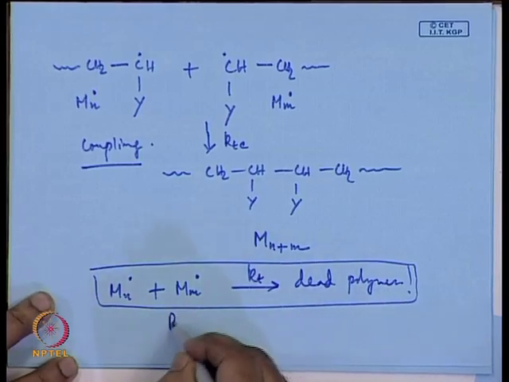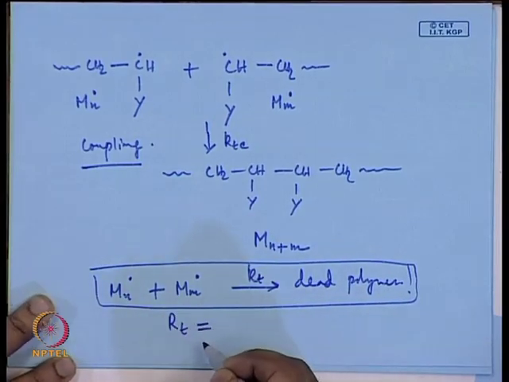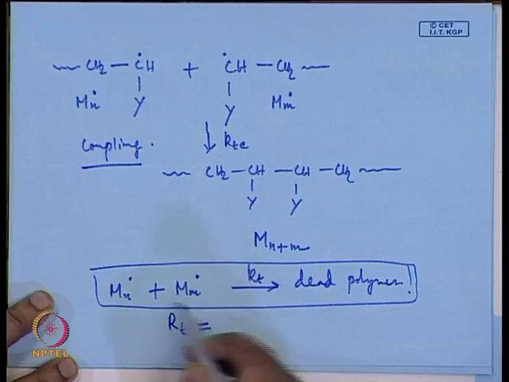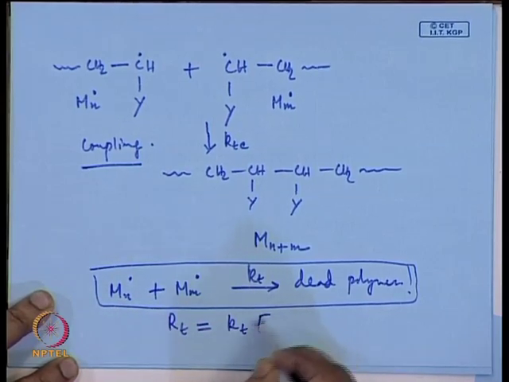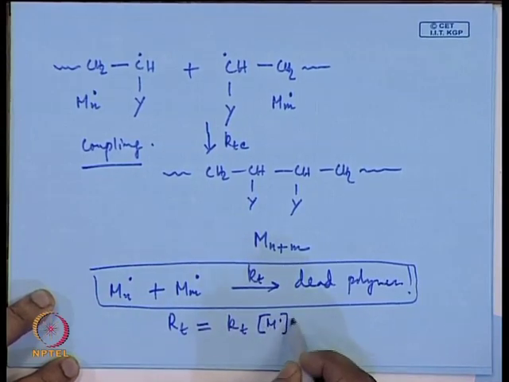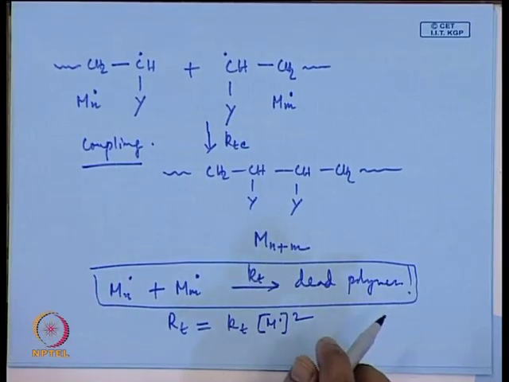So, the rate of this termination step is given by Kt M dot square, because it is a bimolecular reaction.